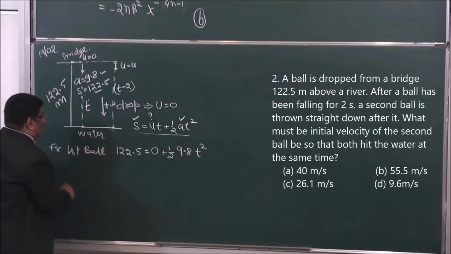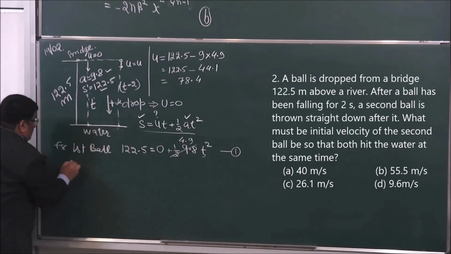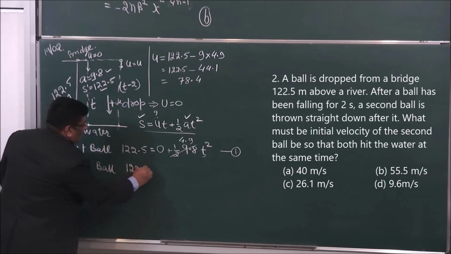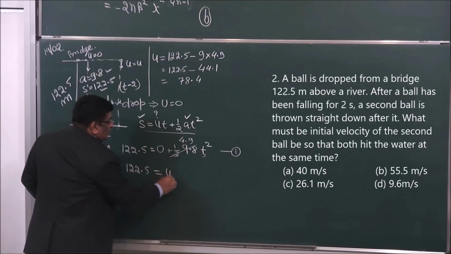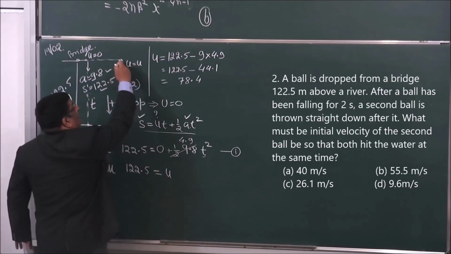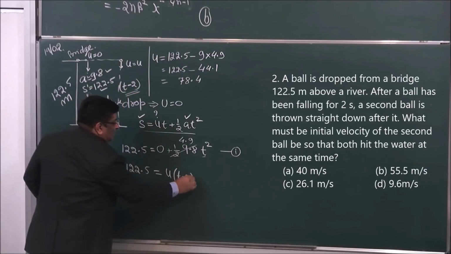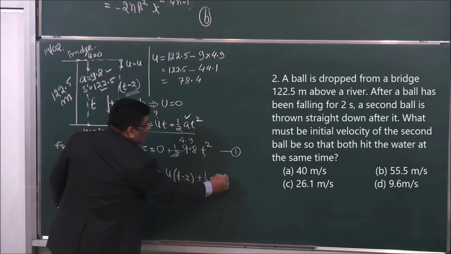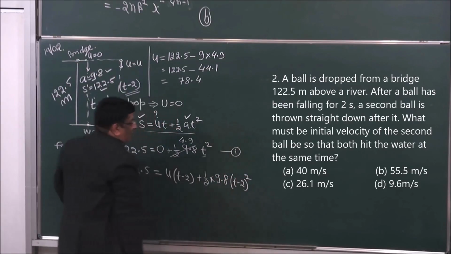For the second ball, we write the same equation. u is unknown to us, and the time for the second ball is t minus 2, so we write 122.5 is equal to ut plus half a, that is 9.8, into t minus 2 square.